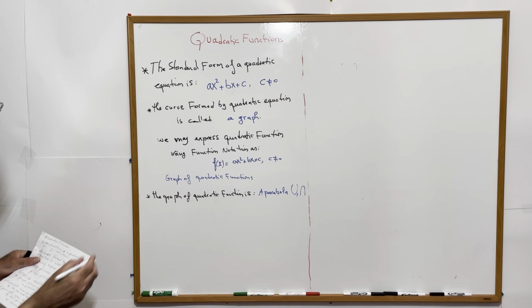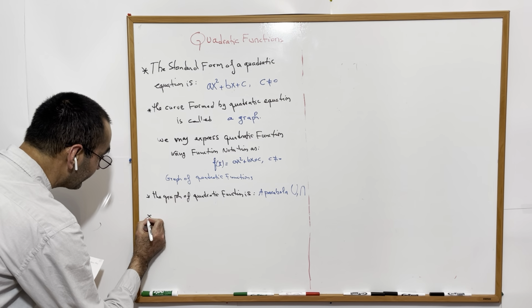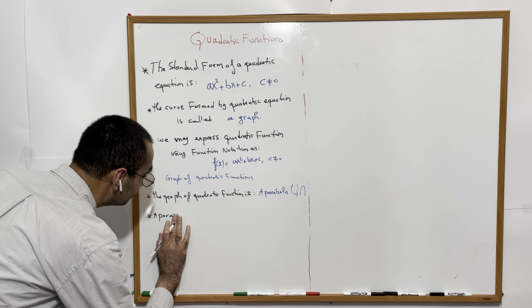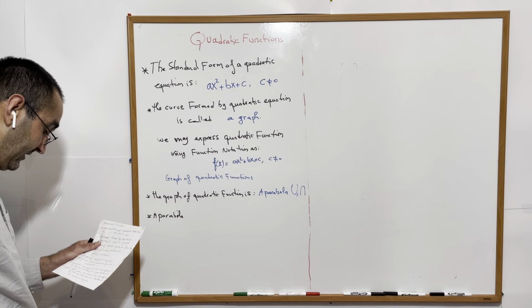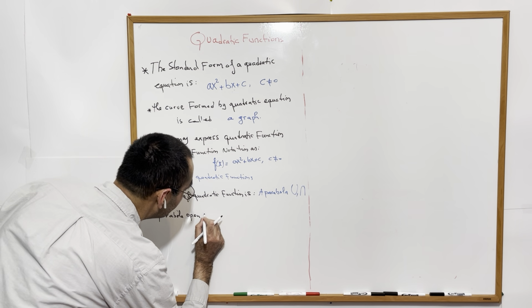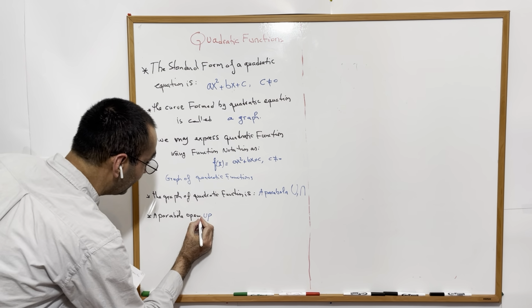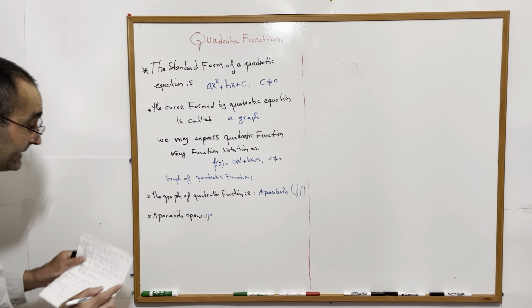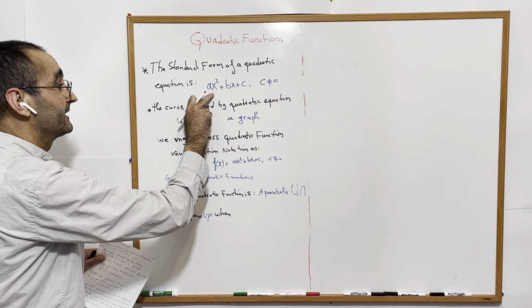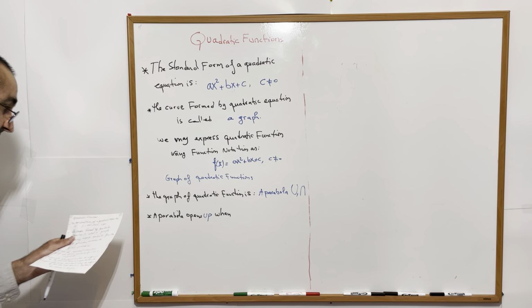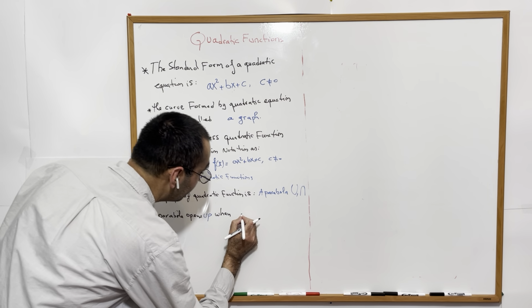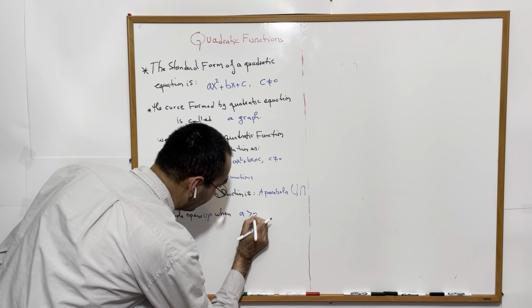A parabola opens up when the coefficient of x squared, a, is positive, greater than 0.